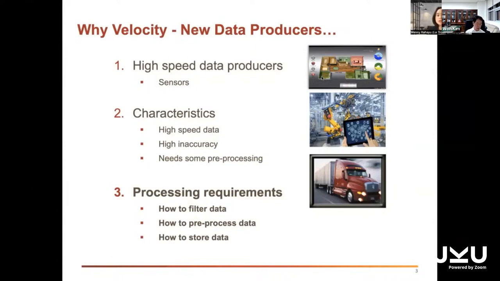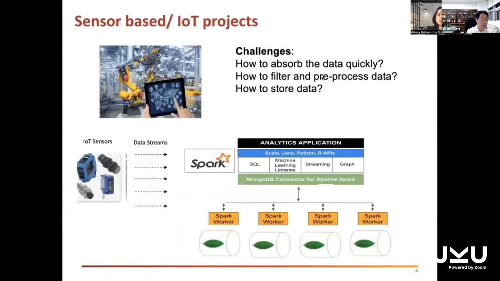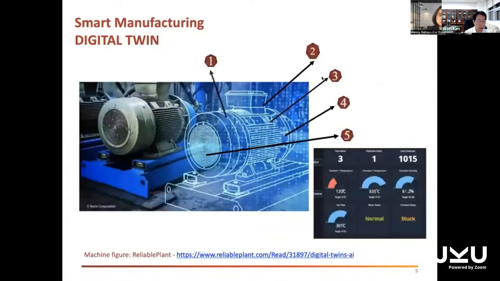So the question here is how to filter the data, how to pre-process the data, and how to store them efficiently. These are examples of sensor data spread across manufacturing. We also see sensor data spread across the environment or in smart houses. For this particular talk, I'm going to focus on big data IoT, particularly in smart manufacturing.